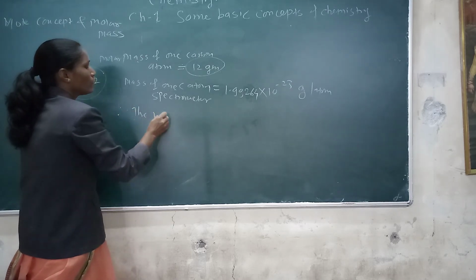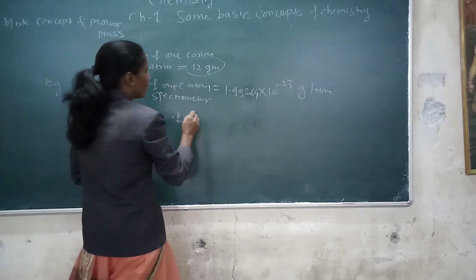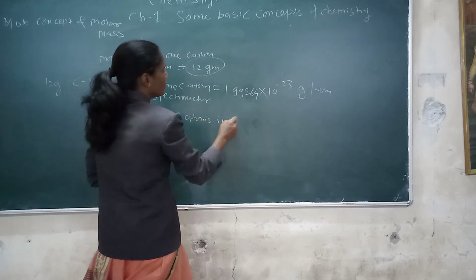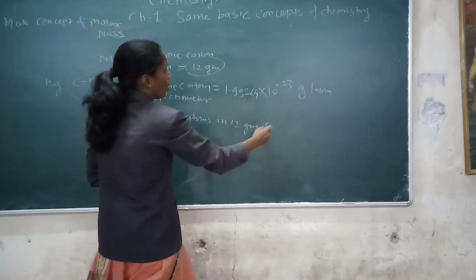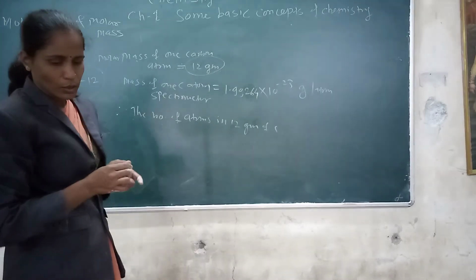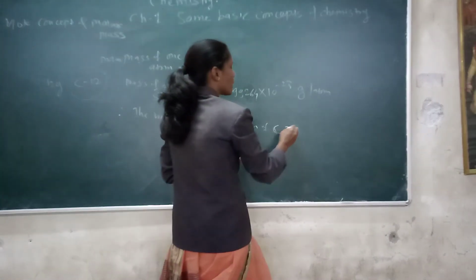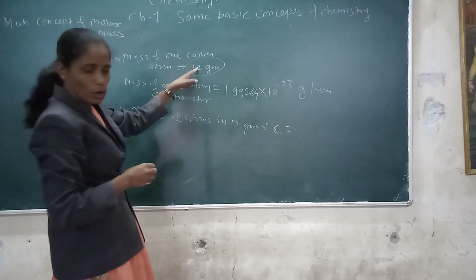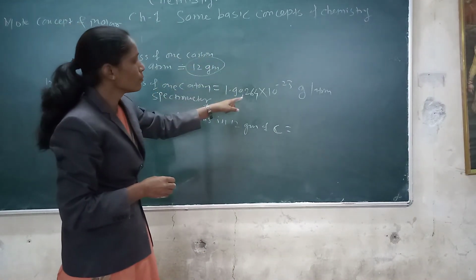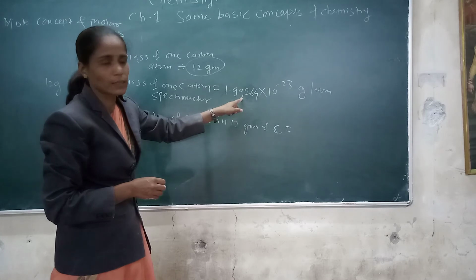Therefore, the number of atoms in 12 gram of carbon is equal to molar mass upon weight, means mass.